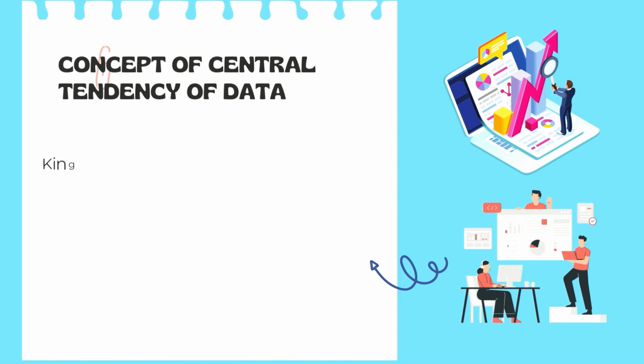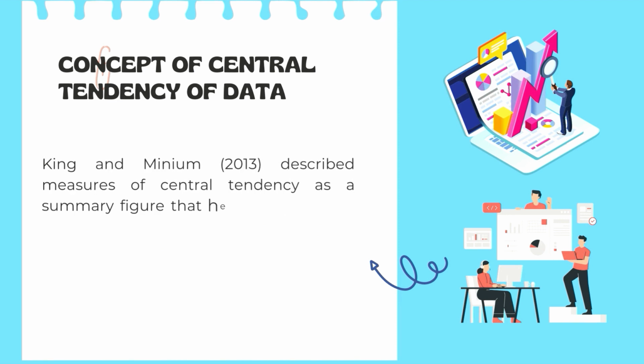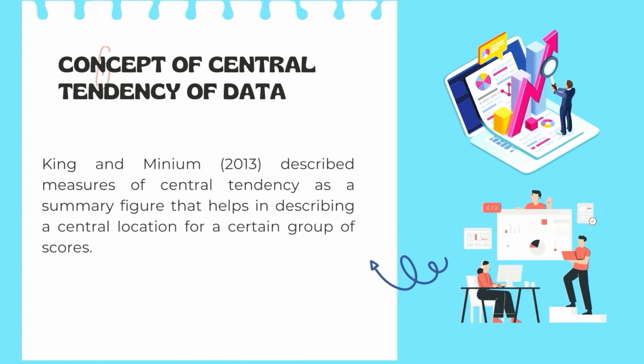King and Minium describe the measure of central tendency as a summary figure that helps in describing the central location of a certain group of scores. So these two things that we have discussed, you can see that the measure of central tendency is something through which we get a single value which indicates the general magnitude of the data.